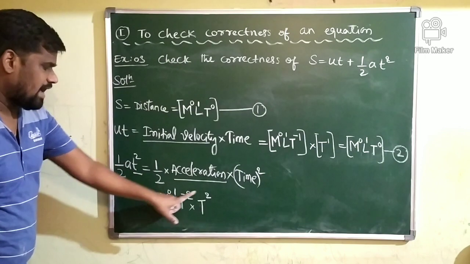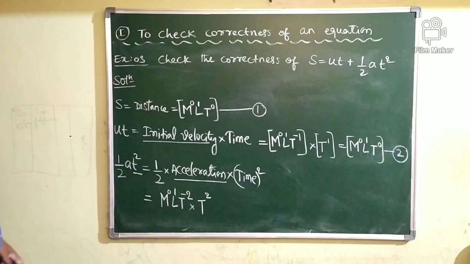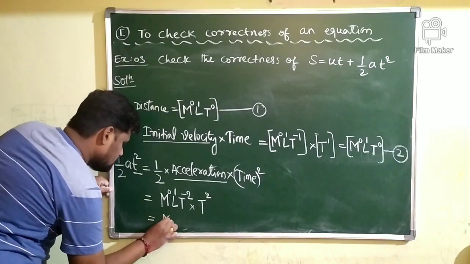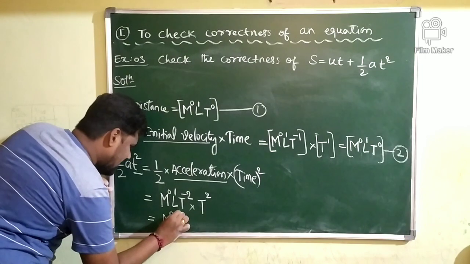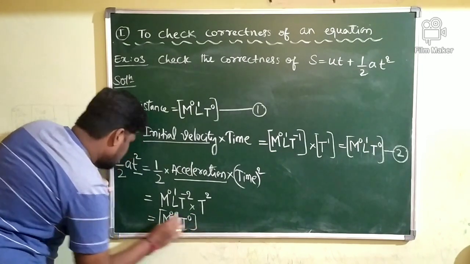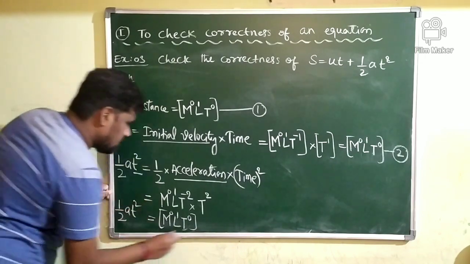Bases are the same, so add the powers. Minus 2 added to plus 2, total it will become 0. Therefore, what can I write? I can write this as M0 L1 T power 0. This is the dimensions of the third term.